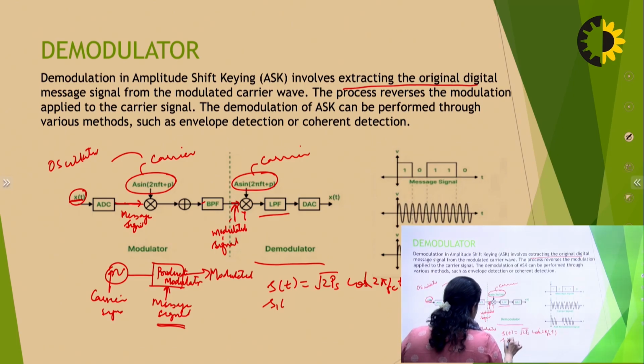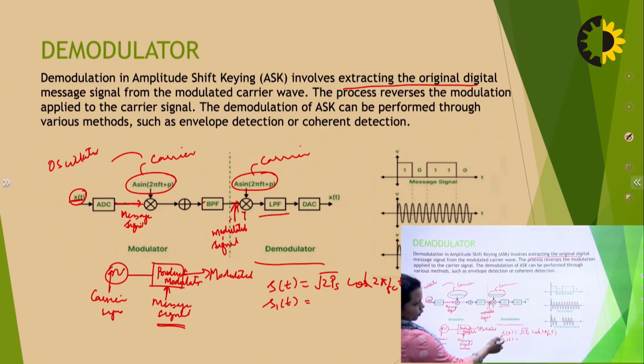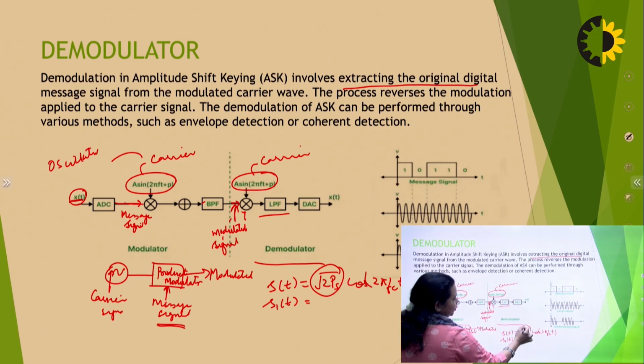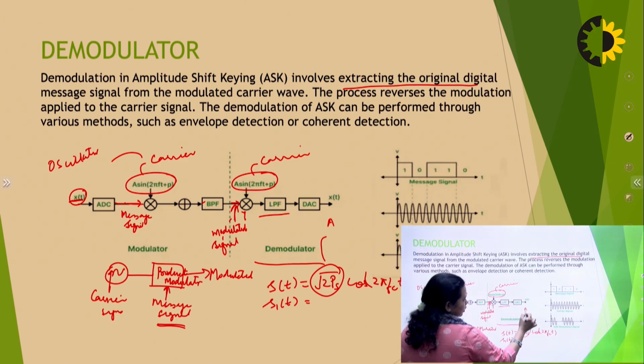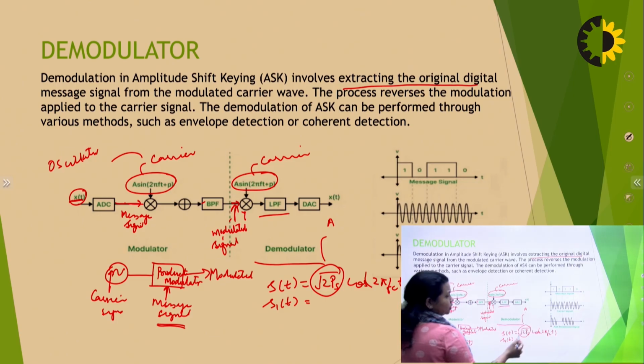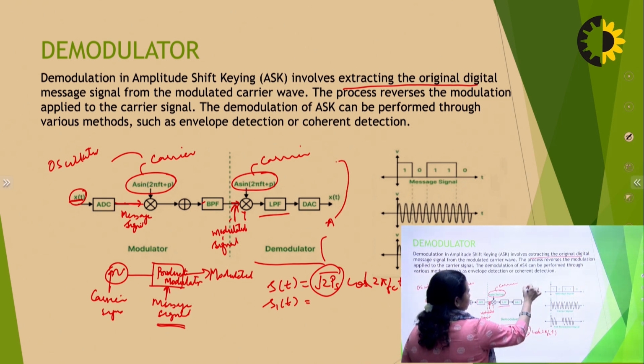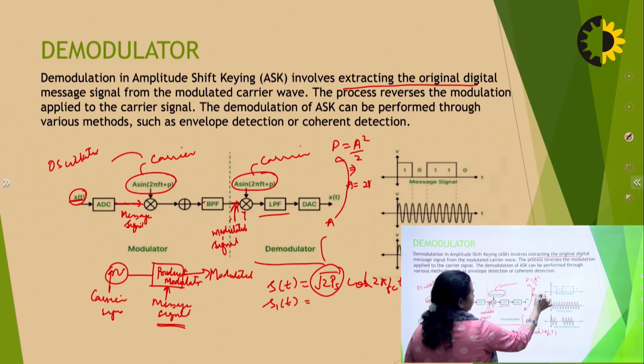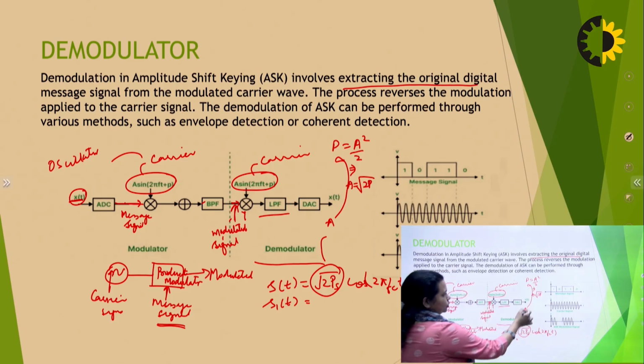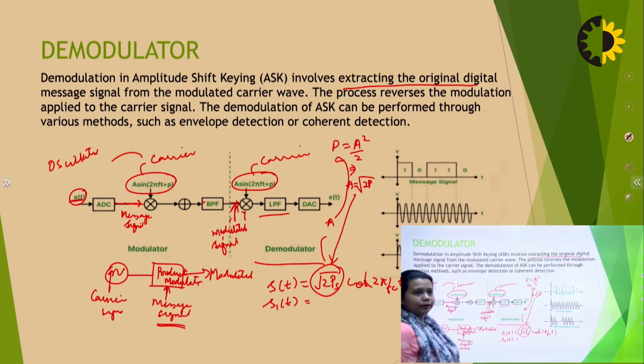This s1(t) is your modulated signal. s(t) is equal to root of 2P_s cos omega_c t. This root 2P_s is the amplitude. We know that power is equal to amplitude squared by 2, so from here you will get A equal to the square root of 2P. This we have fed here, right?